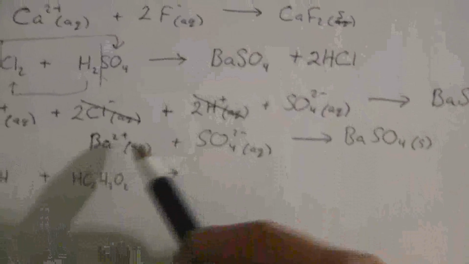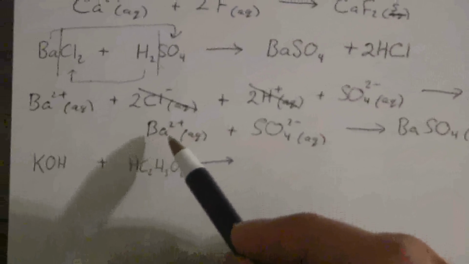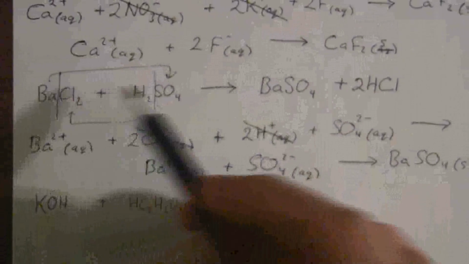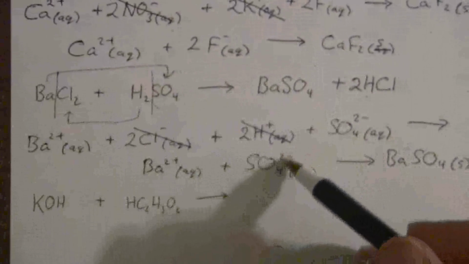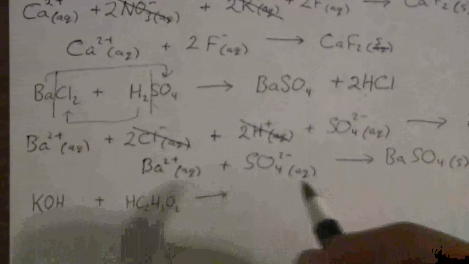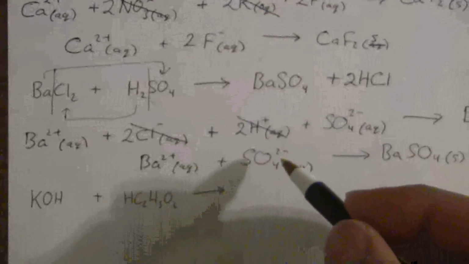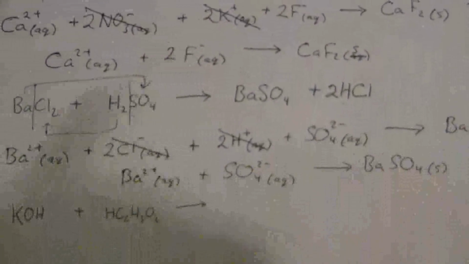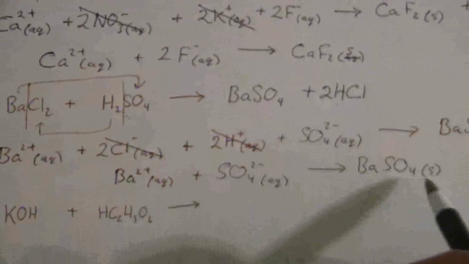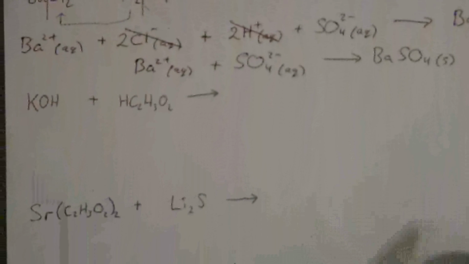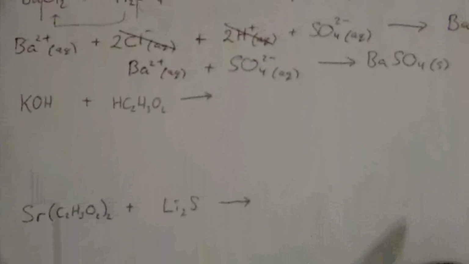So the barium ions from the barium chloride, when you mix these two together, join up with the sulfate ions that are released in the sulfuric acid, and then the water can't keep those ions separate, so they join together like magnets and form the barium sulfate solid.